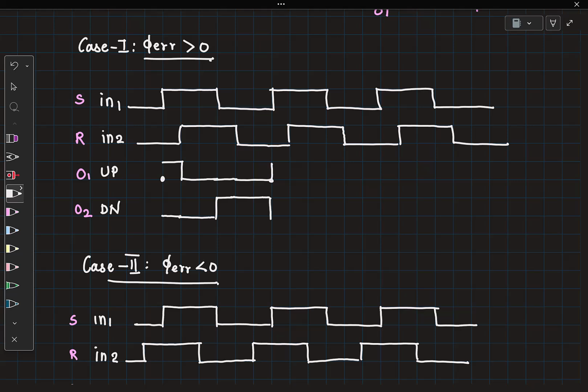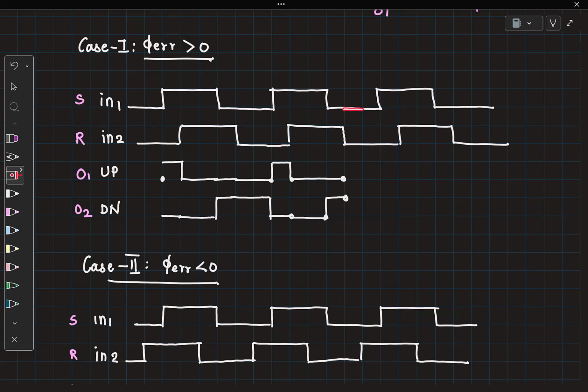So similarly here up goes high, S is 1, R equal to 0. So up is high, down is 0. Then both of them are 1, so the value comes down to 0. They remain 0 till here. Then it's the reset condition, R is 1, S is equal to 0, so down goes high, up remains at 0.